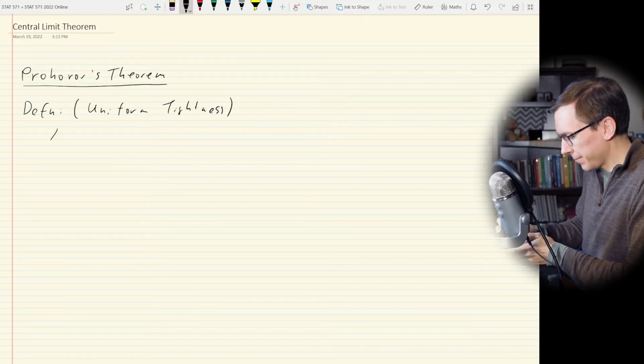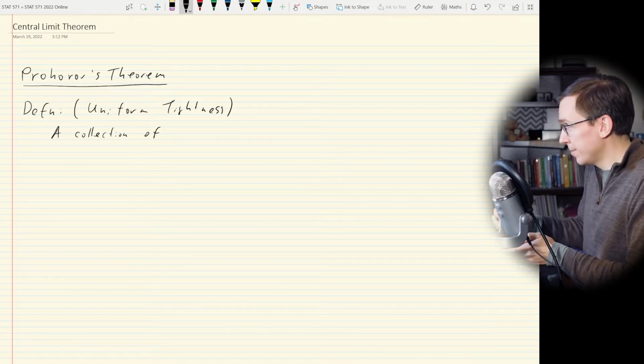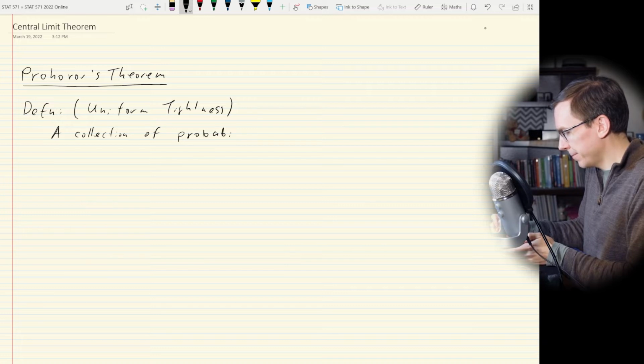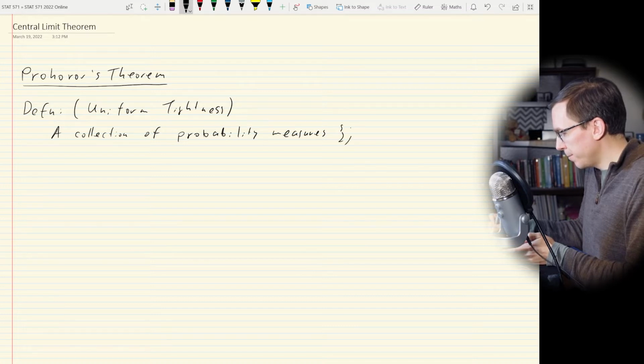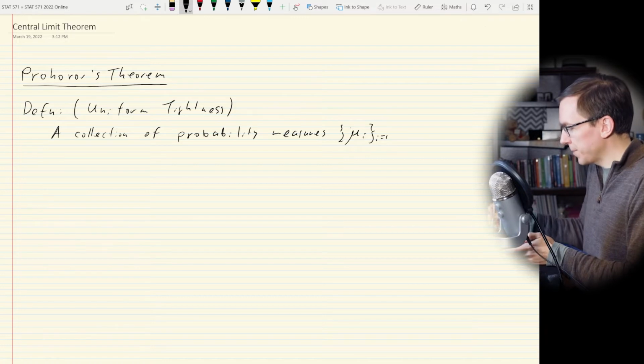So a collection of probability measures mu_i, well, it doesn't even really have to be i from 1 to infinity. We just have a collection of measures.